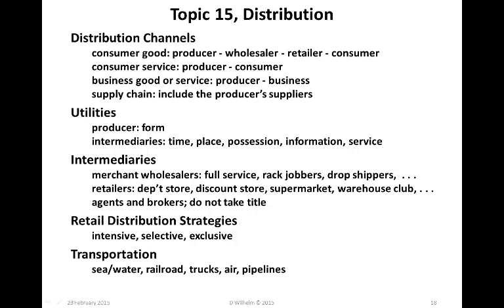3 retail distribution strategies are intensive, selective, and exclusive. Intensive are where the producer, wholesaler, retailer wants to get the product out as many places as they can because they're used a lot. Think of bread, milk, eggs, cheese. Selective distribution isn't everywhere.